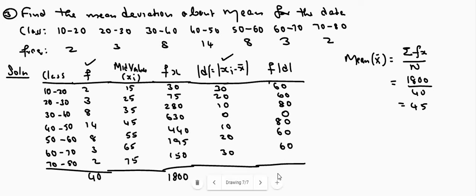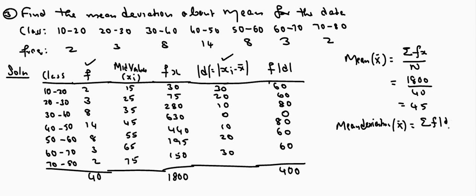We have to sum this column, we get 400. Finally, the mean deviation about mean is equal to sigma f mod d divided by capital N, which is equal to 400 divided by 40. We get the answer as 10.